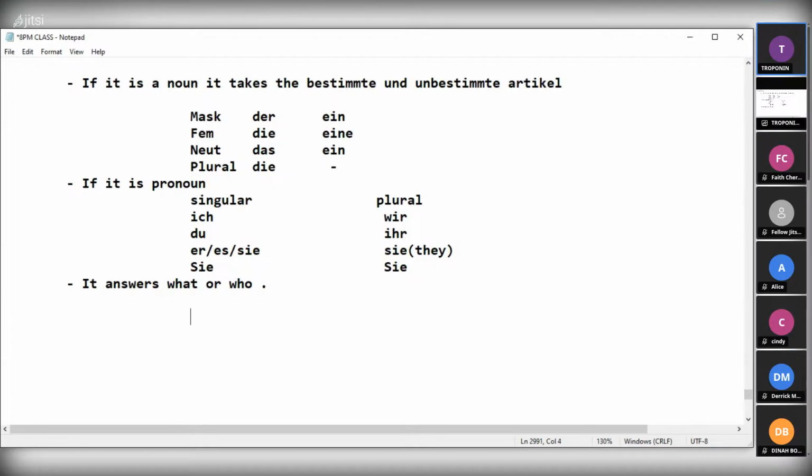So in German, was means what. Wer means who. Wananchi, tumeelewana? Tumeelewana? So are we agreed? Okay. So let's continue.